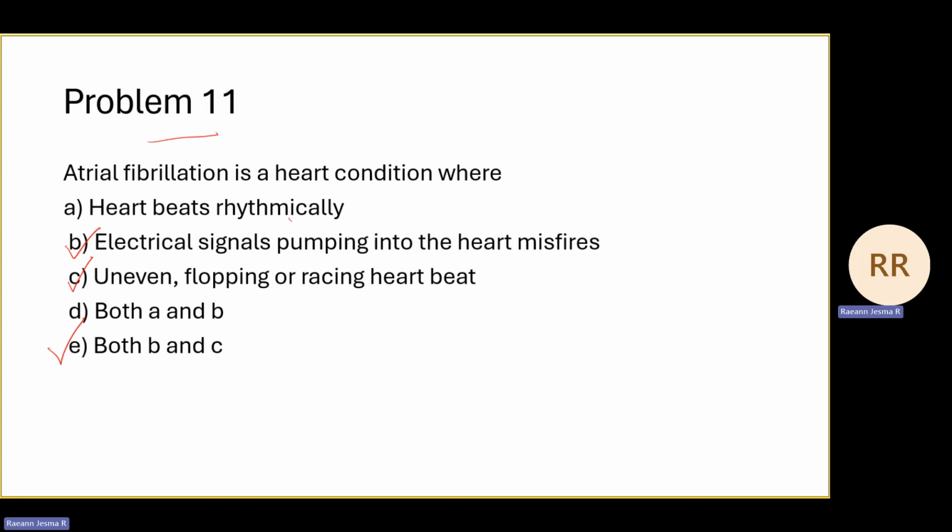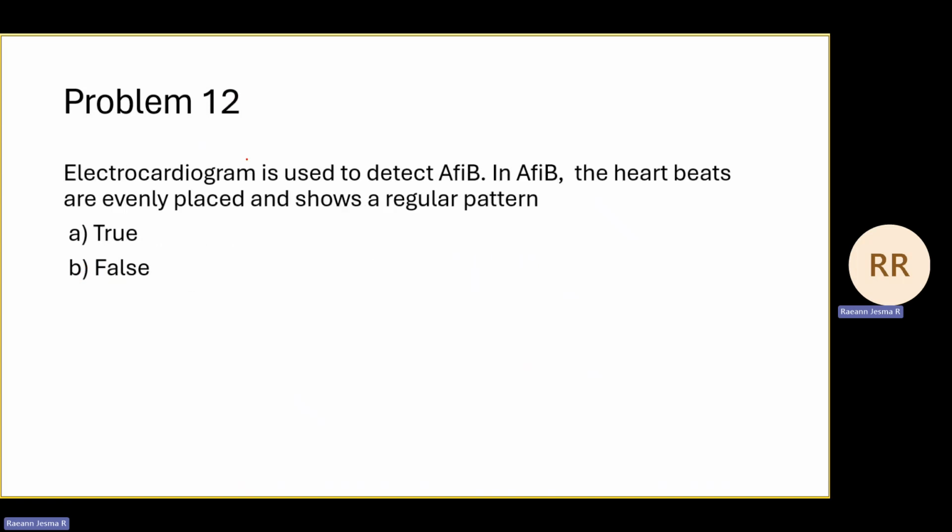Now let us move on to the next question, problem 12. Electrocardiogram is used to detect AFib. So AFib is atrial fibrillation. In AFib, the heartbeats are evenly placed and show a regular pattern. So is this true or false?